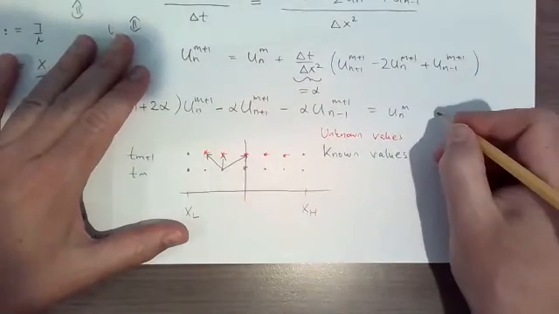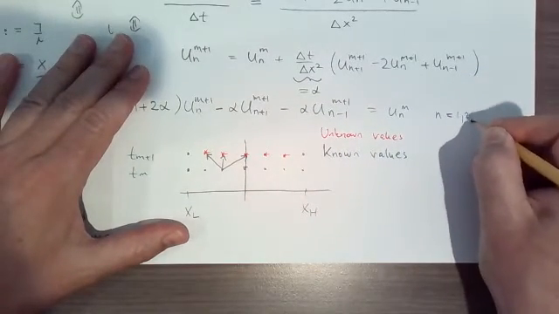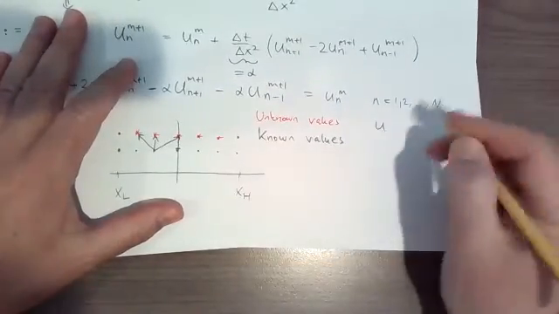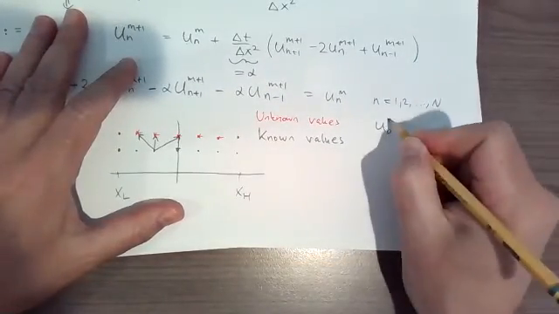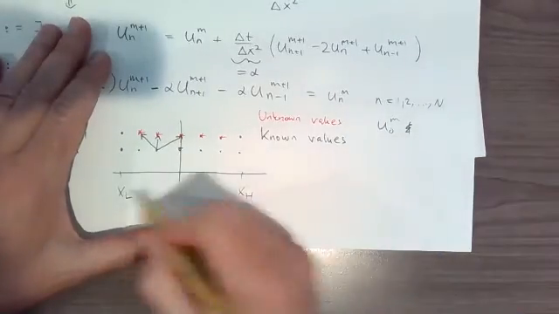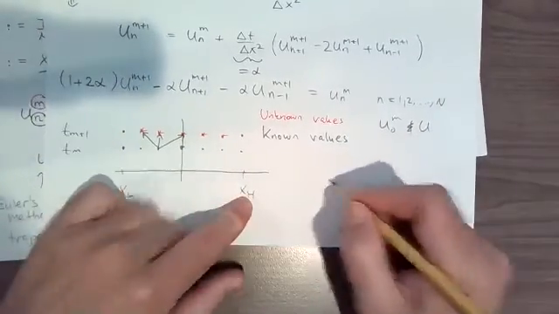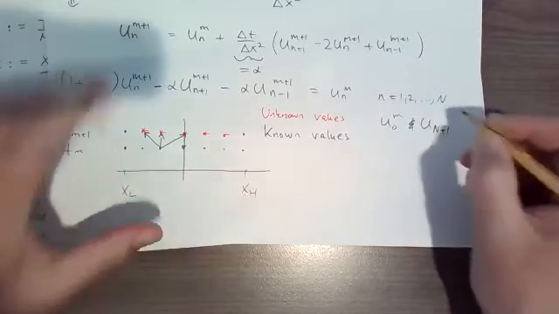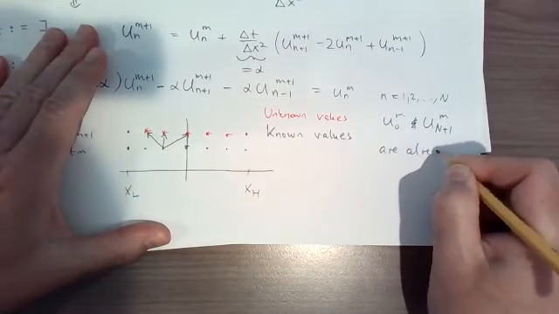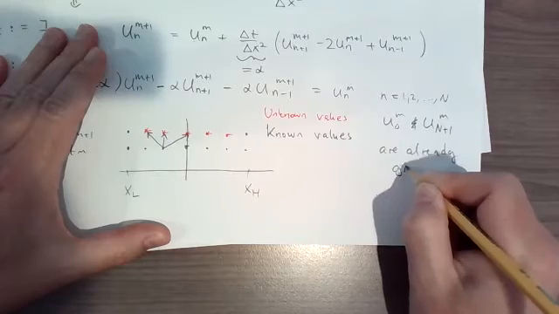So here, this is again true for n equal to 1 up to n, and you already know u 0 m. That's this guy. And the same thing when you add the upper one, u n plus 1 m, already given.